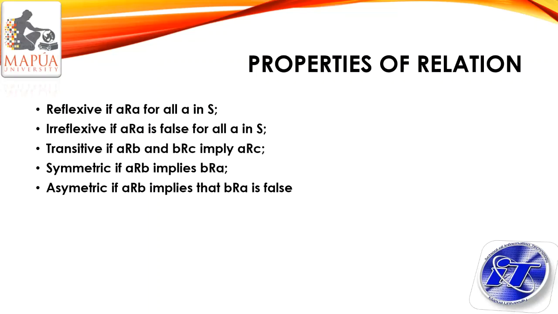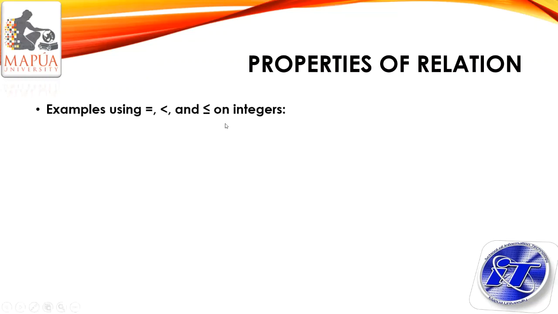So we have reflexive, irreflexive, transitive, symmetric, and asymmetric. So how could we determine if it's reflexive, irreflexive, or asymmetric? So let's have this example, using equal, less than, or equal. So equal is reflexive if two values are equal.